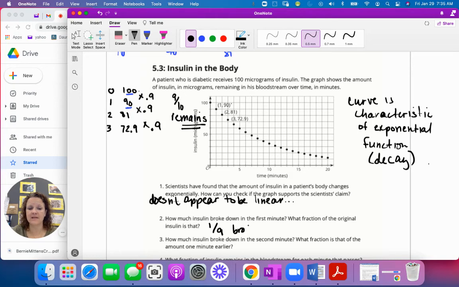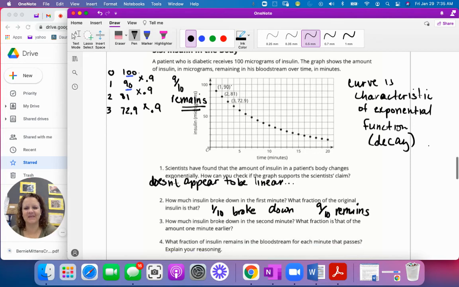We lost 1/9 of it because it needs to make a whole. Okay? No, not 1/9. Golly, guys, I'm sorry. I got my numbers backwards. 1/10 broke down. You guys probably roll your eyes at me. 9/10 remains.